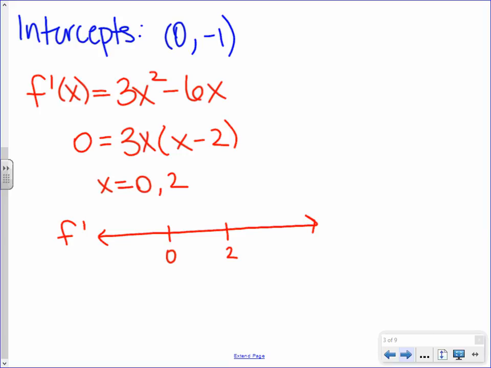Logan, if I plug something to the left of 0, what does it make our derivative? Good. If we plug something between 0 and 2, Michael, what does it make our derivative? Awesome. And to the right of 2, Sammy.